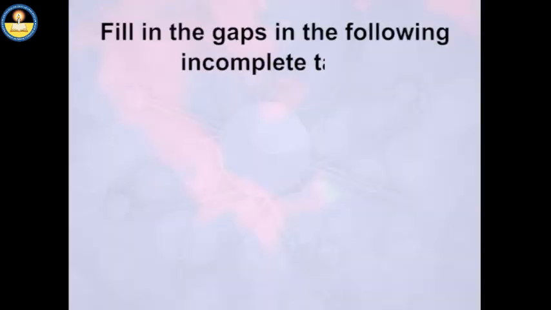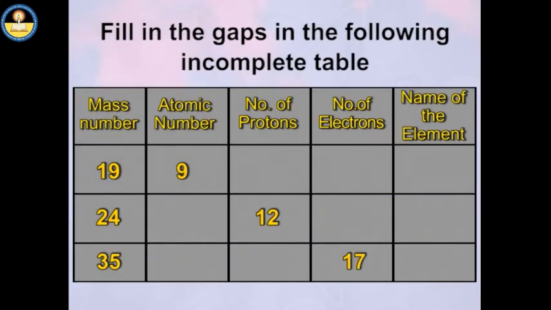Fill in the gaps in the following incomplete table. Number of protons equals atomic number, 9. Number of electrons equals number of protons equals 9. Name of element equals fluorine. Atomic number equals number of protons equals 12.